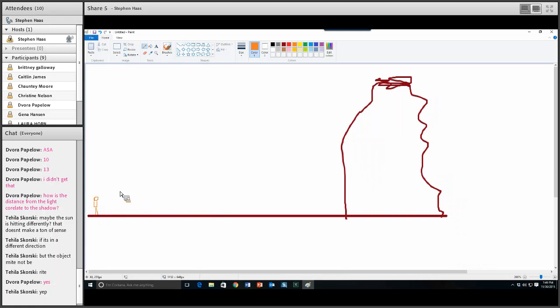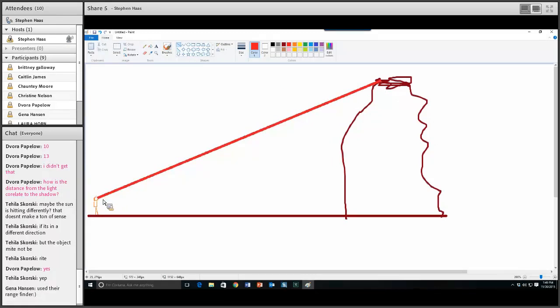So what they did was they took a stick and moved it far enough away from the person so that when they looked up, it was the same angle. Let's draw a line straight from the person's eyes to the top of the mountain. Let's say this is the person's viewpoint, straight to the top of the mountain.